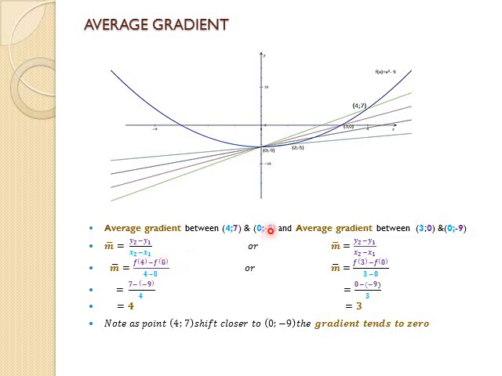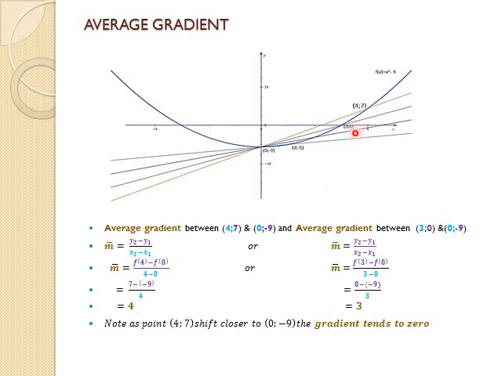So 7 minus minus 9 gives me 16, over 4 minus 0, which is 4. You see my h value is 4, so 16 divided by 4 gives me a gradient of 4.